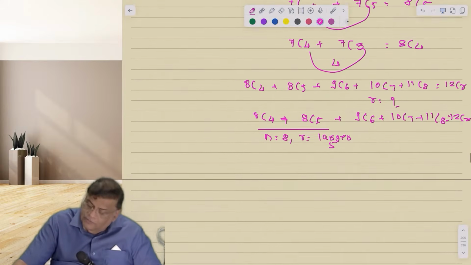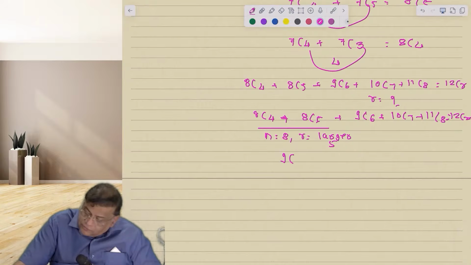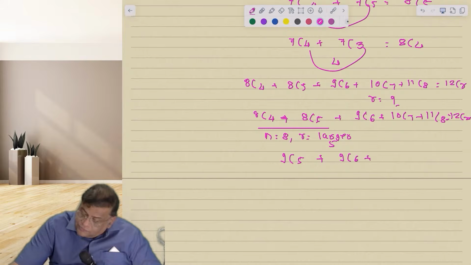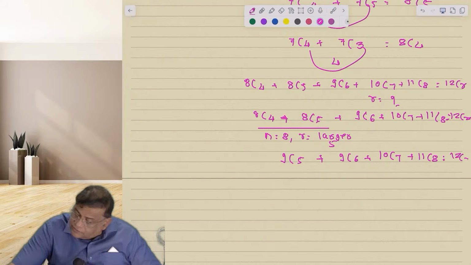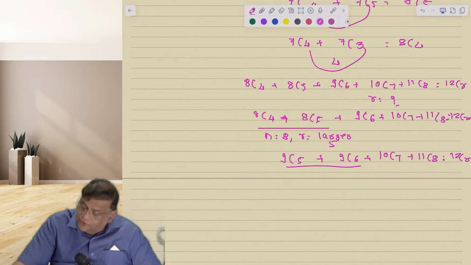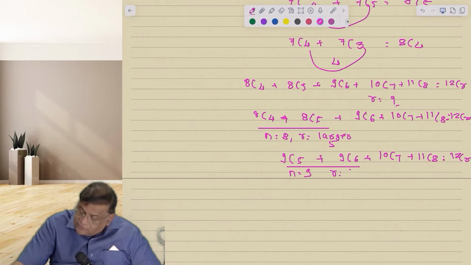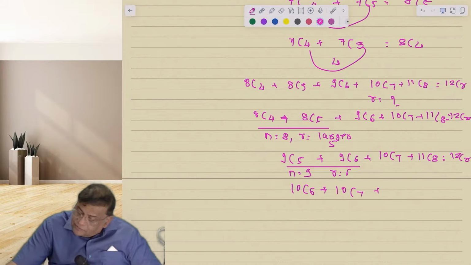So the value of that is 9C5. So 9C5 plus 9C6 plus 10C7 plus 11C8 is 12Cr. Now you consider the first two terms over here. So here n is 9, r is 6. As such, it will be 10C6 plus 10C7 plus 11C8 equal to 12Cr.